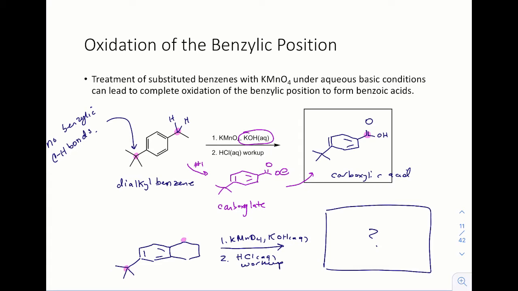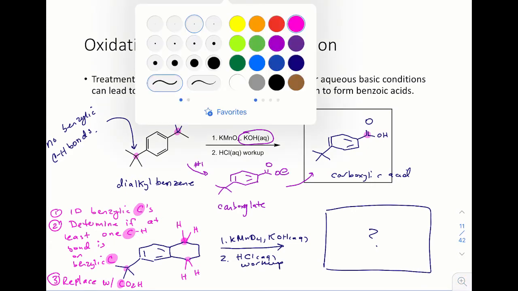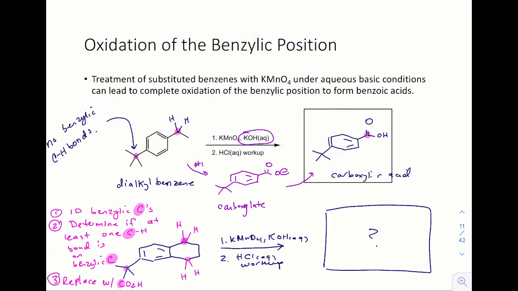Begin by identifying the benzylic carbons, as we have indicated in pink. Then determine if those benzylic carbons contain at least one CH bond. These 2 benzylic carbons have at least one benzylic CH bond, but this one does not. For the benzylic carbons with CH bonds, replace them with carboxylic acid groups.